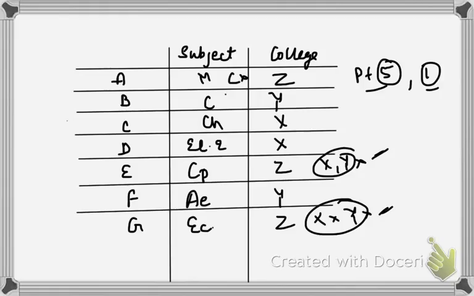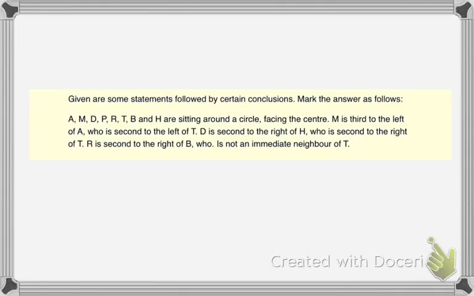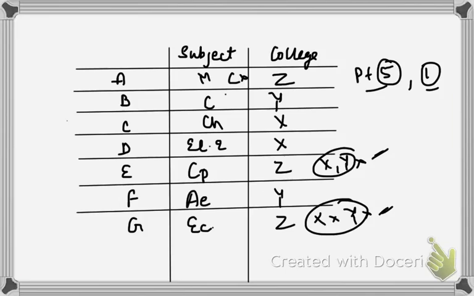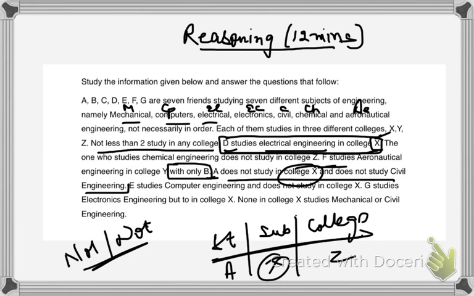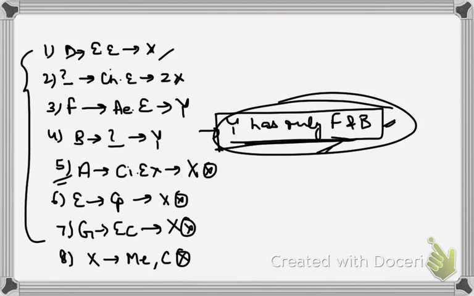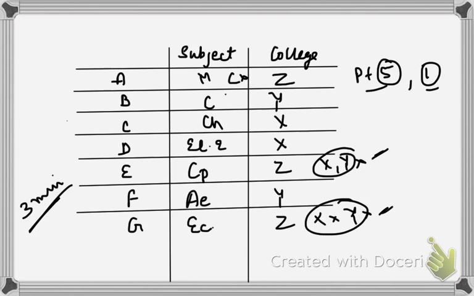It's just about regular practice, and you will be able to do them. Now coming to the next question. This arrangement took me around 3 minutes, so I would rate it as moderate, because there are three sets of information: student, subject, and college.